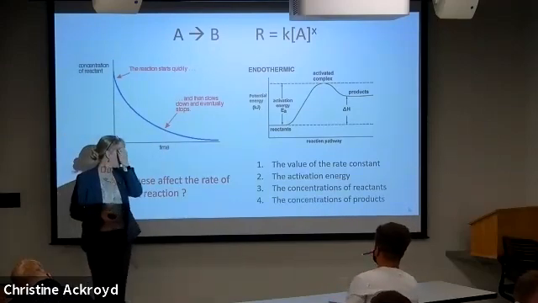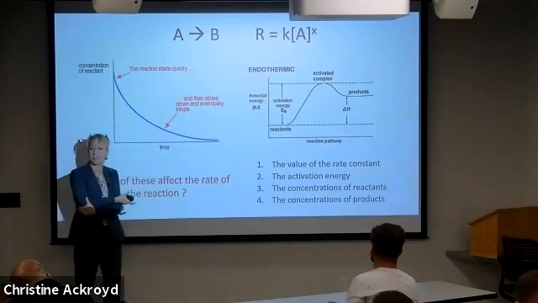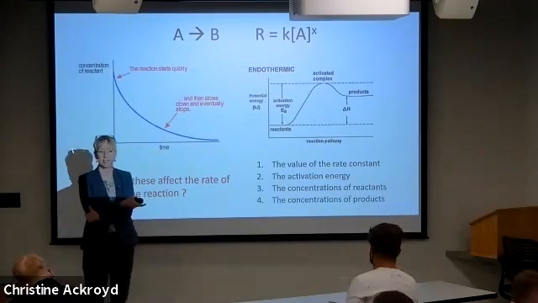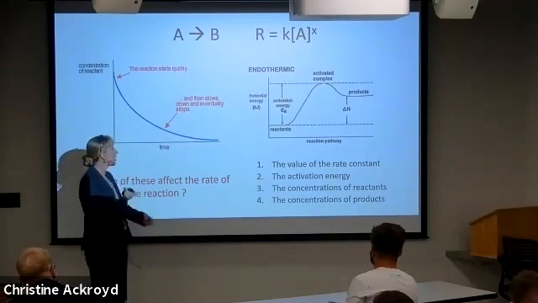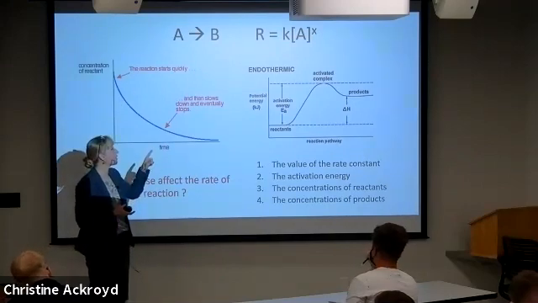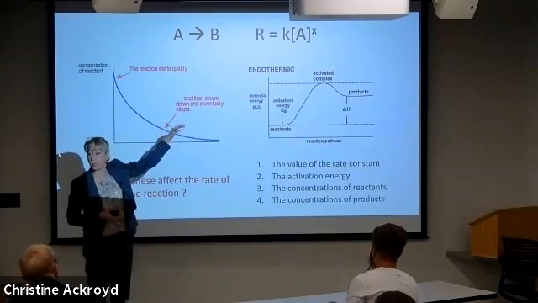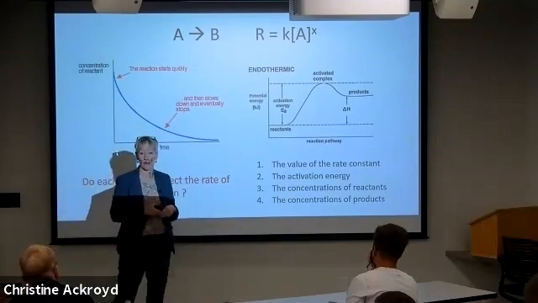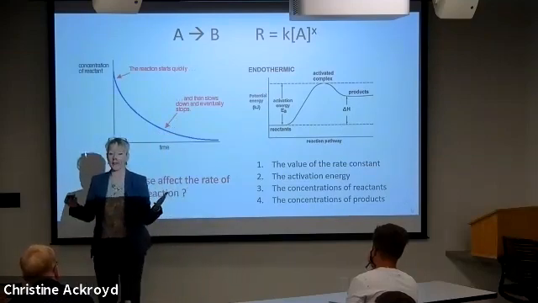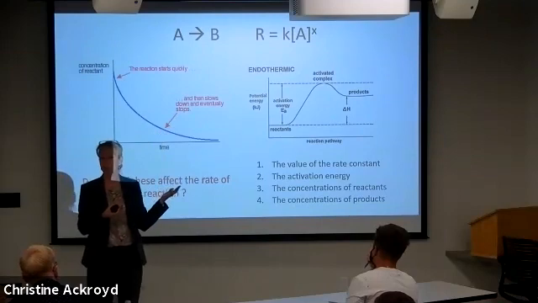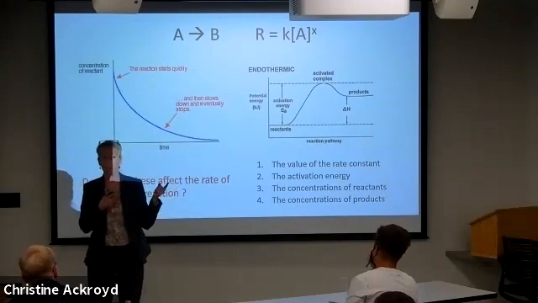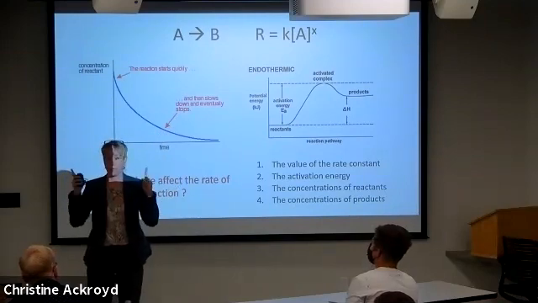Okay. How about concentration of products? Does that affect the rate? Now, the concentration of products doesn't necessarily show up in the rate equation because the rate equation only expresses what's happening to the forward rate, right? But conceptually, as your product concentration goes up, what happens to the backwards rate? It goes up.